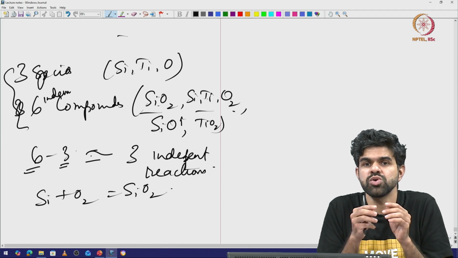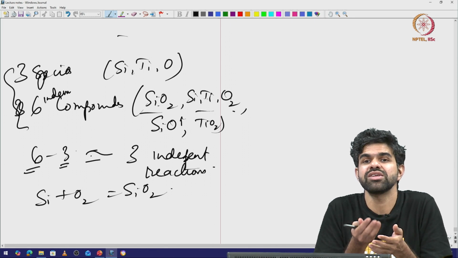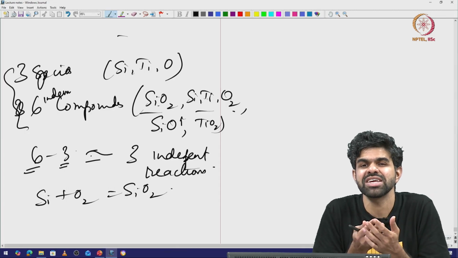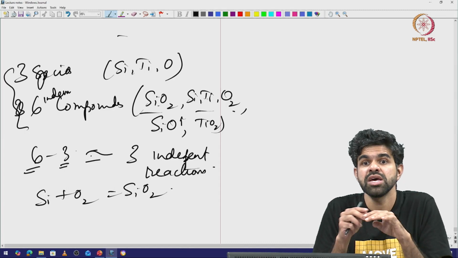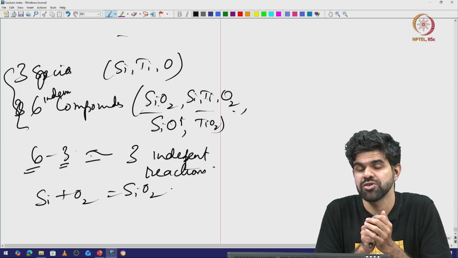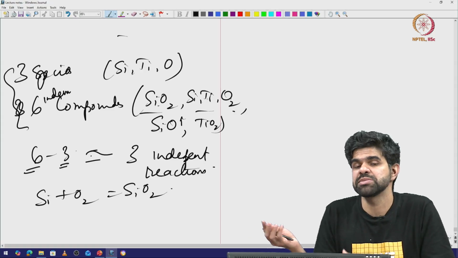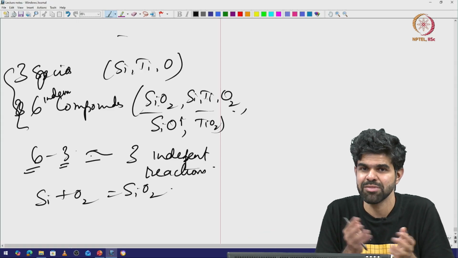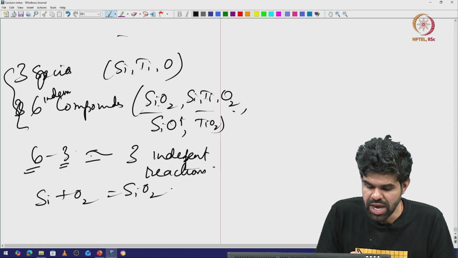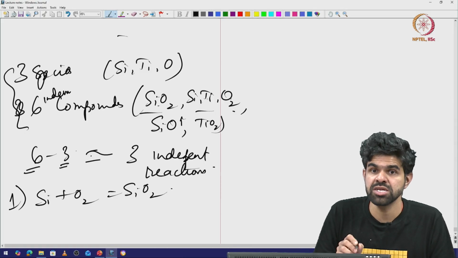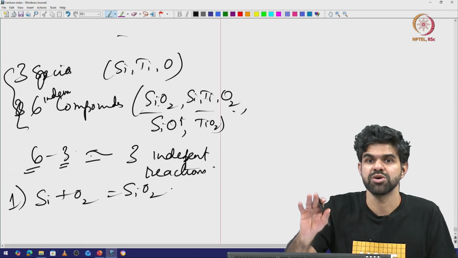The number of reactions is like the number of degrees of freedom. I have three species, three reactions, and six different compounds forming. Six compounds minus three gives me three, exactly the same calculation as degrees of freedom. So I need three independent reactions to be able to solve this problem.